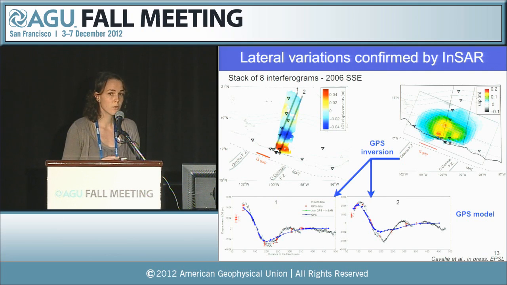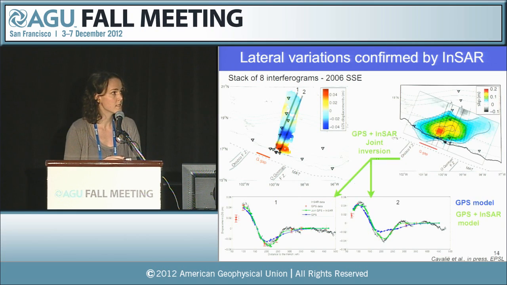So to improve our model, we perform a joint inversion of GPS and InSAR data. The result of this joint inversion is a model that can explain fairly well both GPS and InSAR data. So what's the difference between these two models? The new slip distribution shows a patch of slip that is deeper than this patch here.